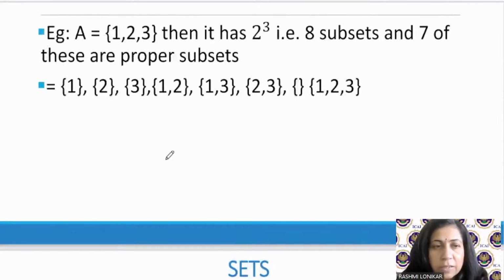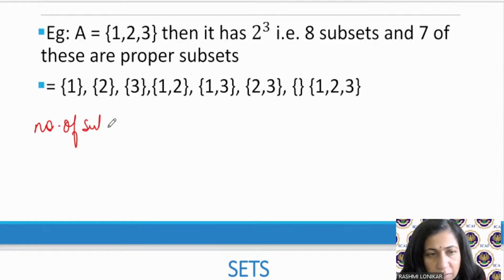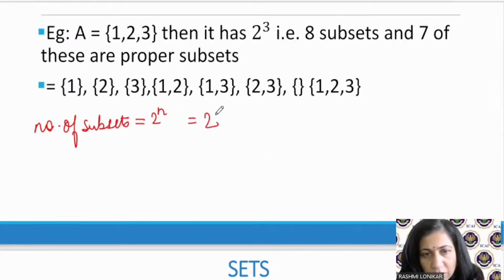Let us take this example. A is equal to 1, 2, 3. Then how many subsets? We know the number of subsets is equal to 2 raised to n. How many elements are there? 1, 2 and 3. So 2 raised to 3, which is equal to 8.